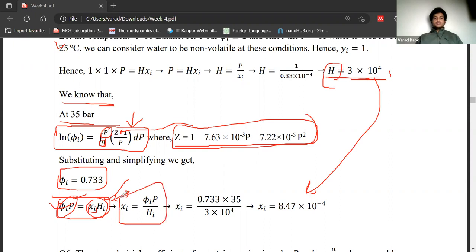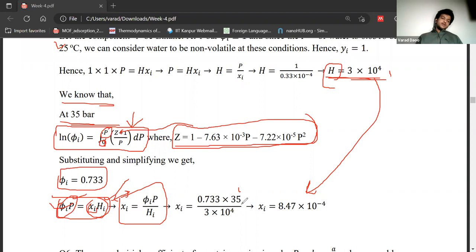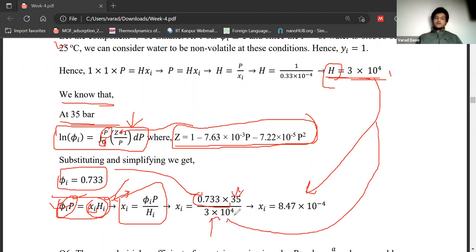So you rearrange it to get xi equal to phi i P by Hi, where P is the pressure and phi i P is the partial pressure. We know phi, which we just calculated, and the rest has already been given. Put in the values and you get this as 0.87 raised to the power minus 4.